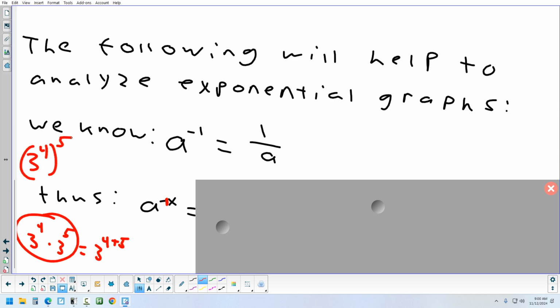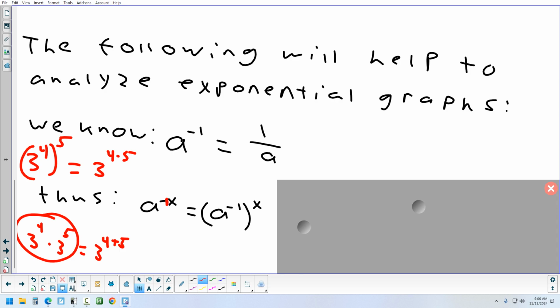So the only way that you could end up with something times something in the exponent is if originally those two things you multiplied together were powers: a power raised to another power. So you could have a to the negative 1 to the x.